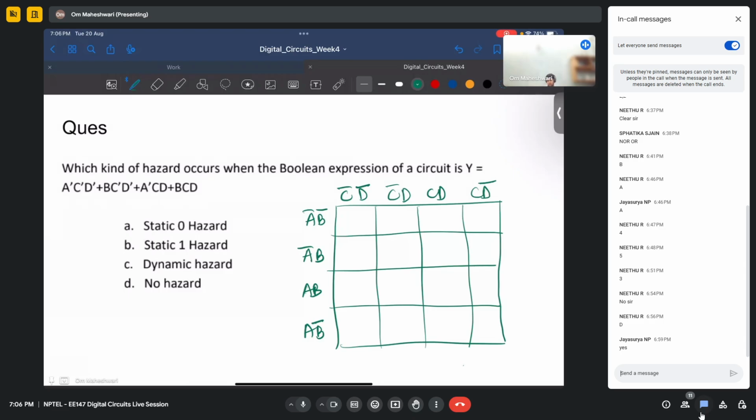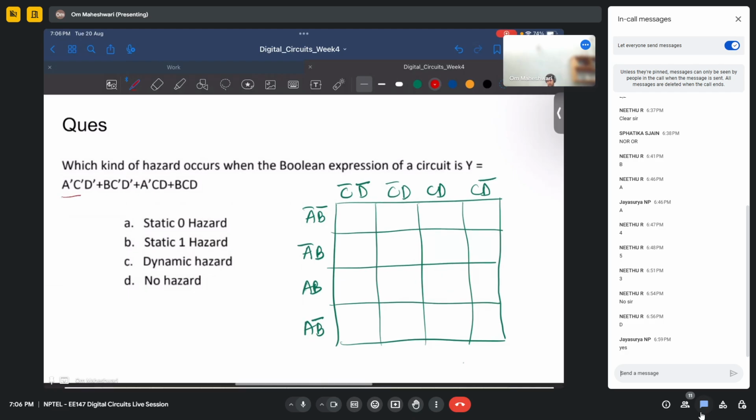Now you have to fill the ones. You have A bar, C bar, D bar.